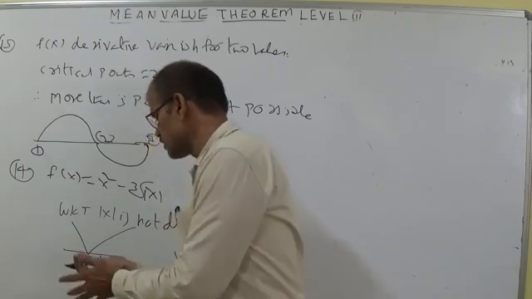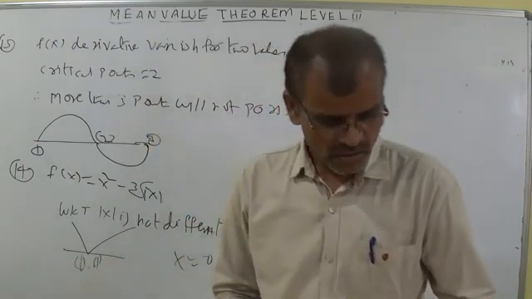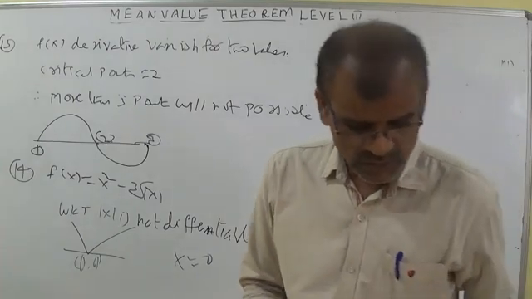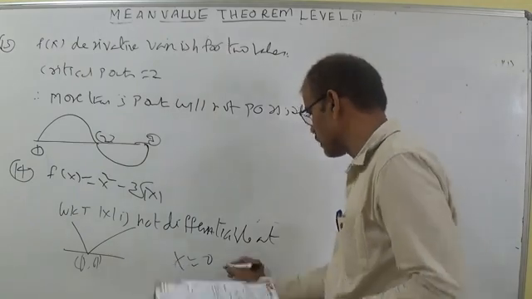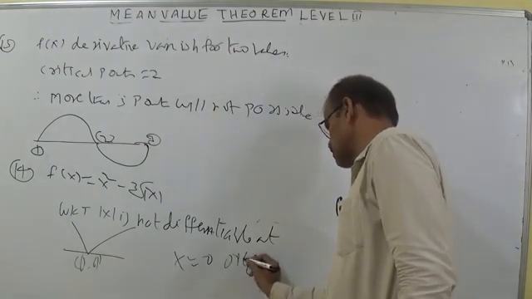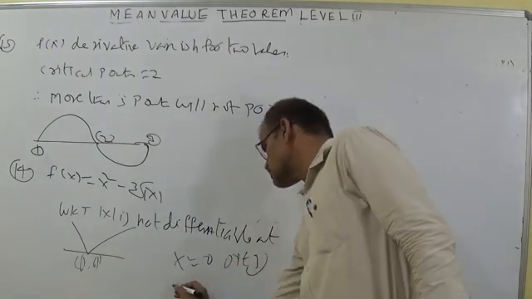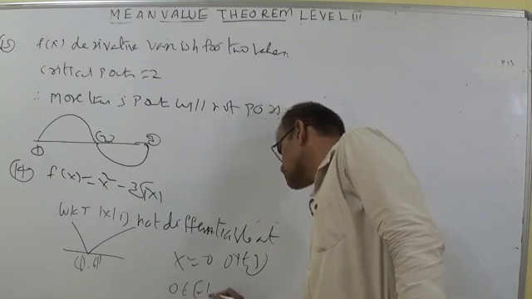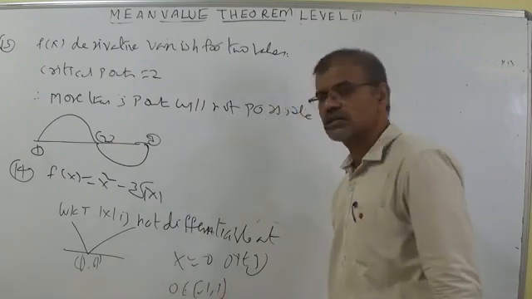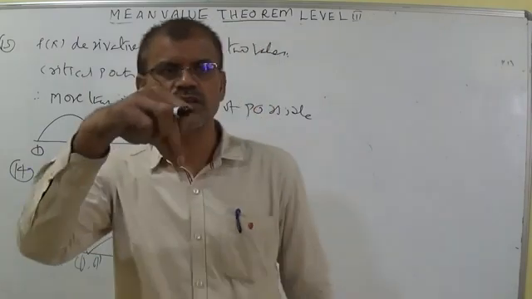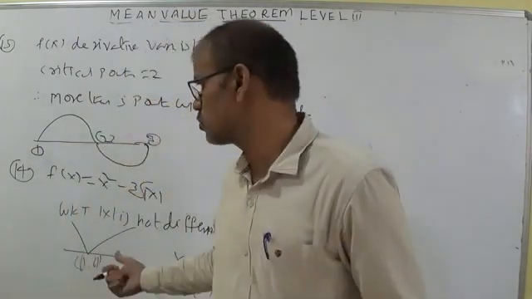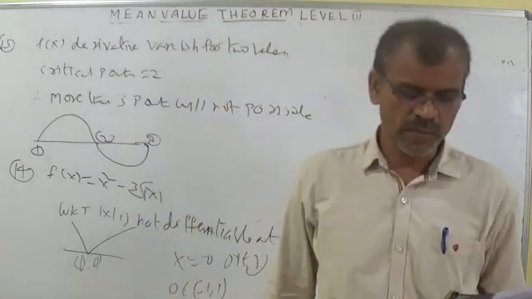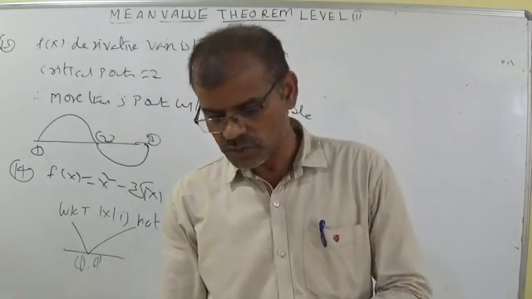So directly you can write the option. Mod x is not differentiable, given in minus 1 comma 1. Option 3, because x equal to 0 belongs to minus 1 comma 1. Whenever minus 1 comma 1 is given, 0 exists in between, and at 0 mod x is not differentiable. That is why the function is not differentiable here.